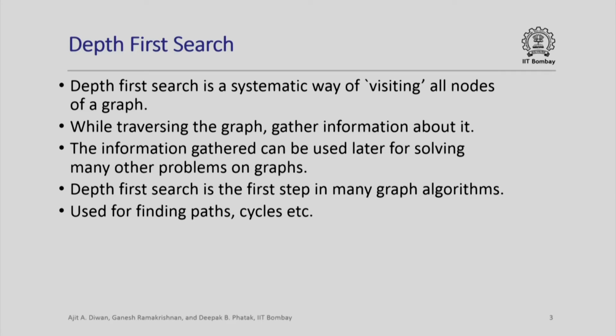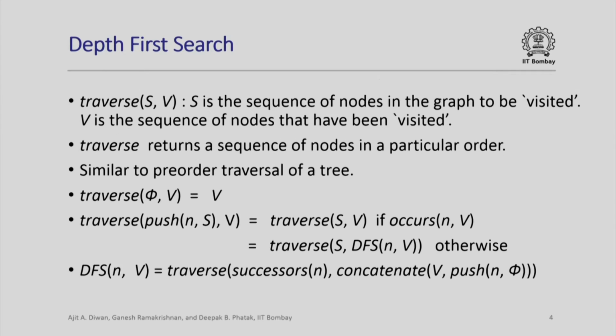While traversing the graph, we will gather information about it and use this later to solve many other problems. Depth first search turns out to be the first step for many problems on graphs, and in many algorithms the first step that you perform is depth first search. This is especially useful for finding paths and cycles in a graph and related problems.